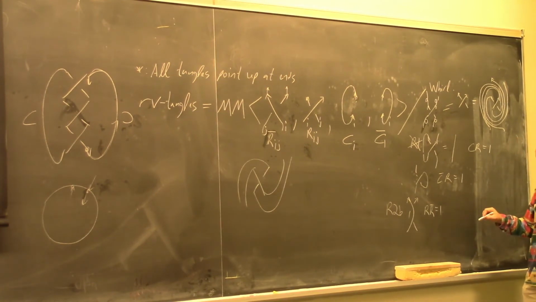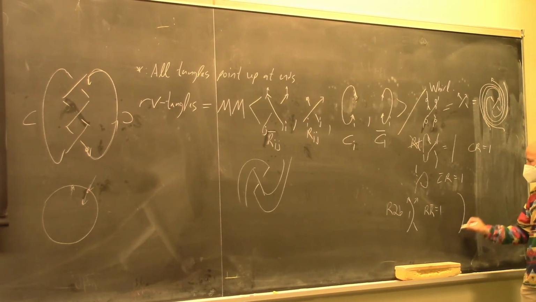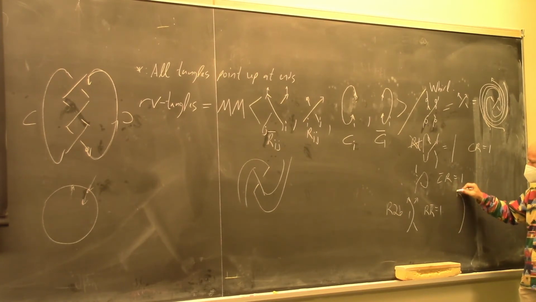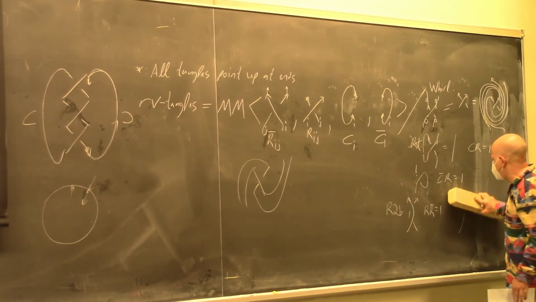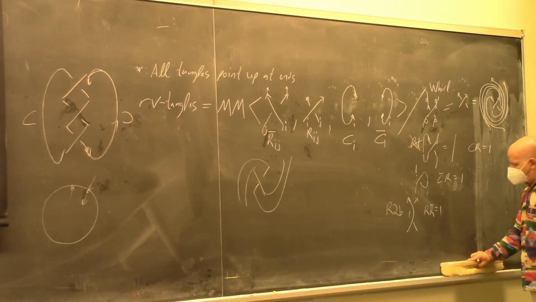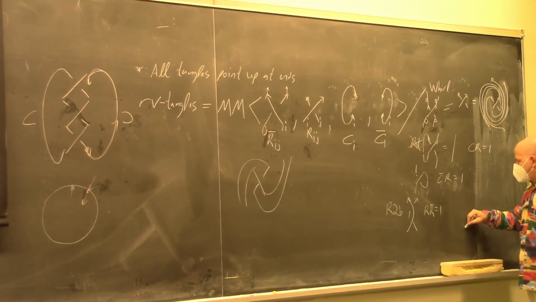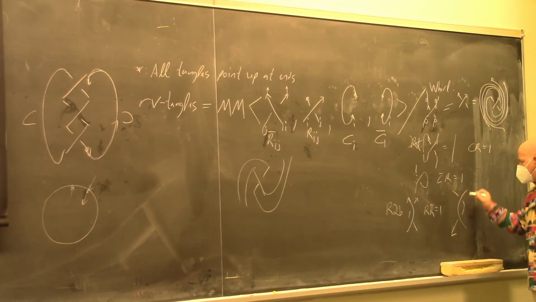And then there is the weird Reidemeister 2. So the weird Reidemeister 2 at first appears to be not in our language. Wait, no, I think I want to write it the other way. It doesn't matter. But so at first it appears to be not in our language, right?